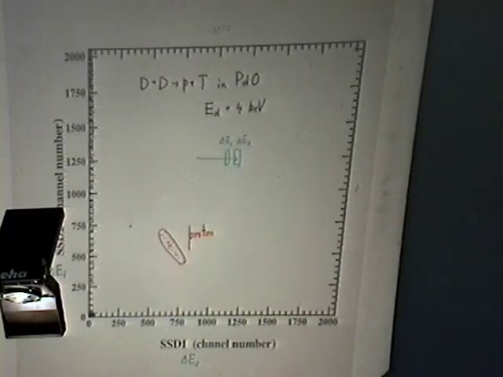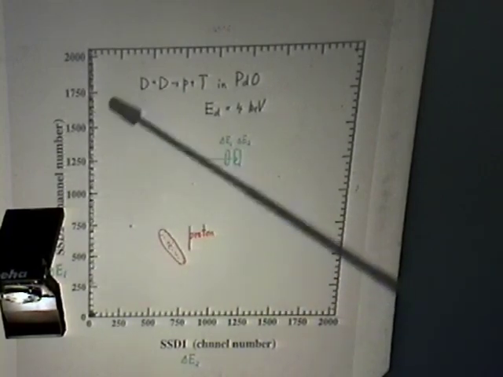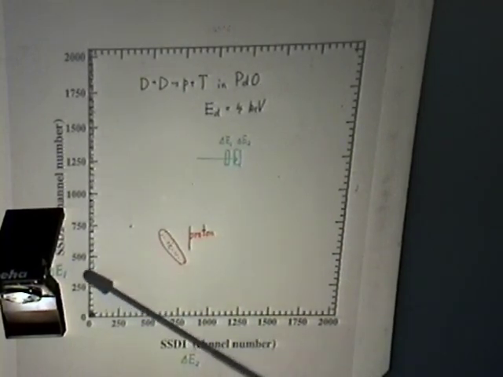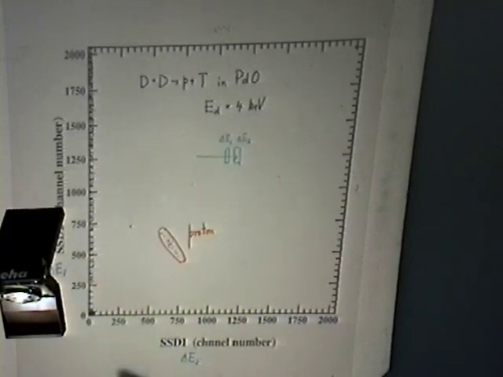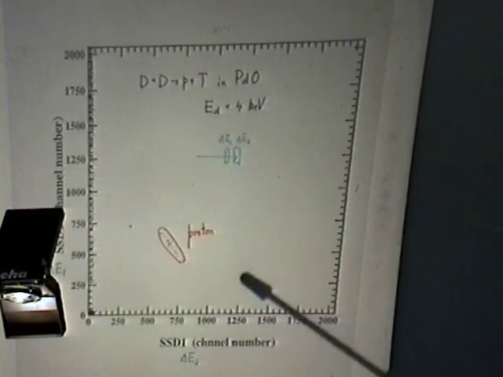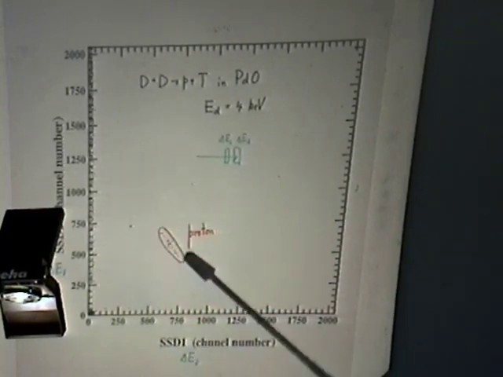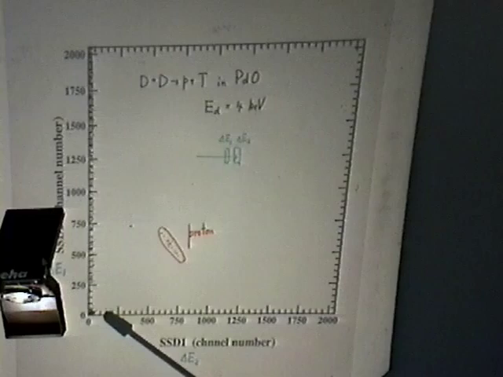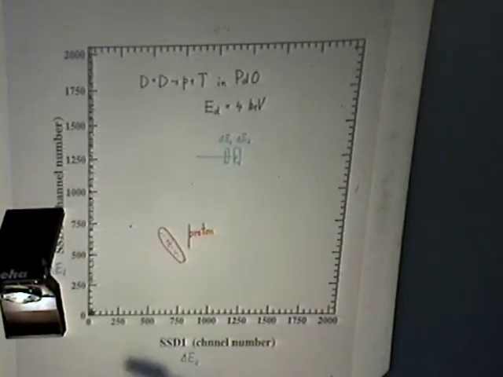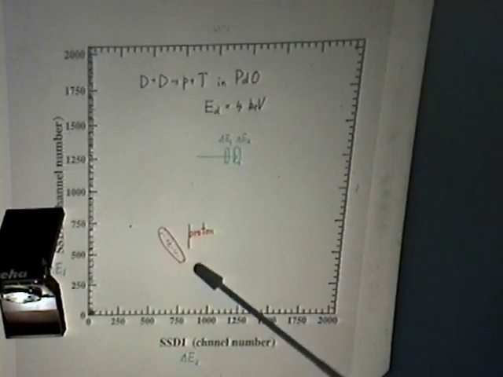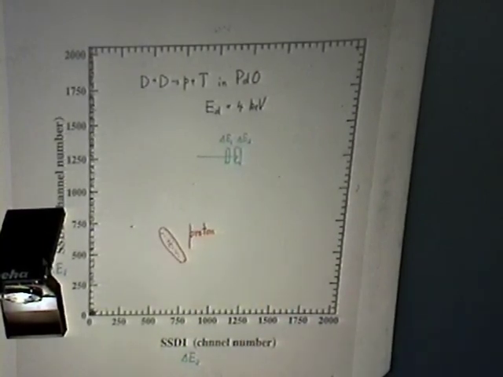In this case, the incident energy is 4 keV, and you can clearly see the energy correlation between the delta E detector and the E detector. All the electronic noise doesn't have any correlation, so the identification is very clear.